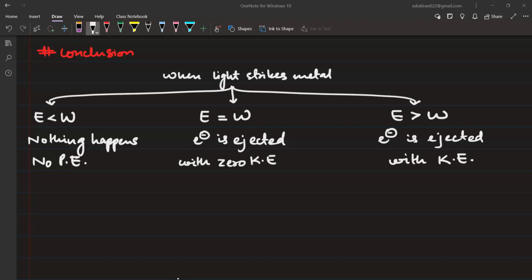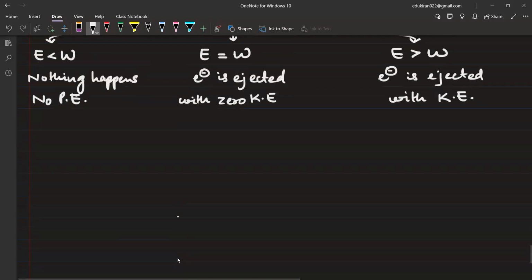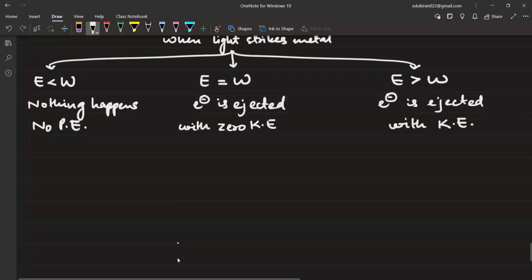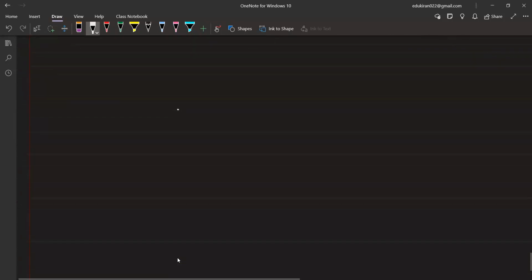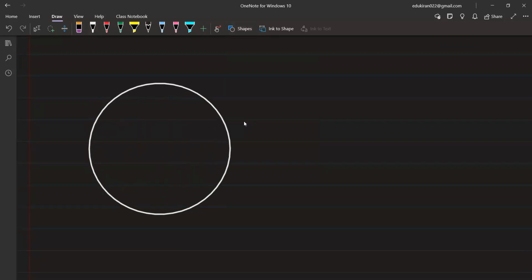Now let us understand what is the significance of photoelectric effect in the structure of atom, and especially the position of the electron. So please see. Right now we have a model of atom in which the nucleus is in the center.